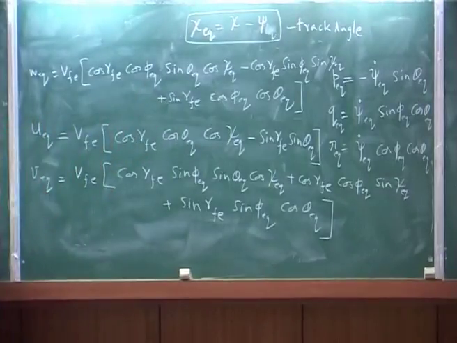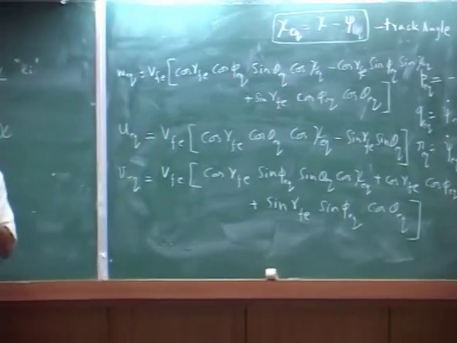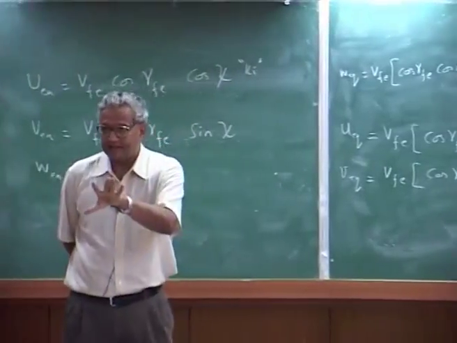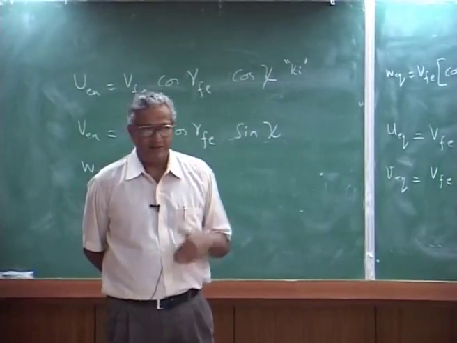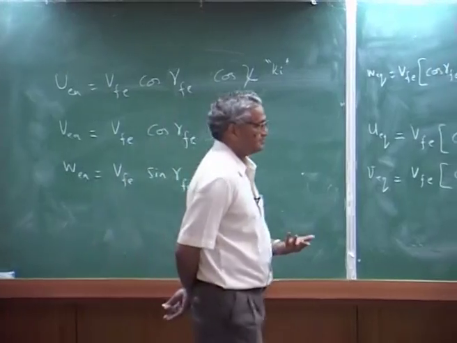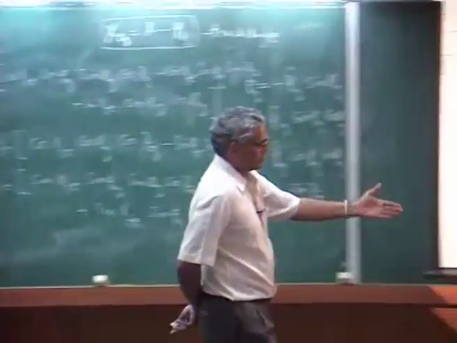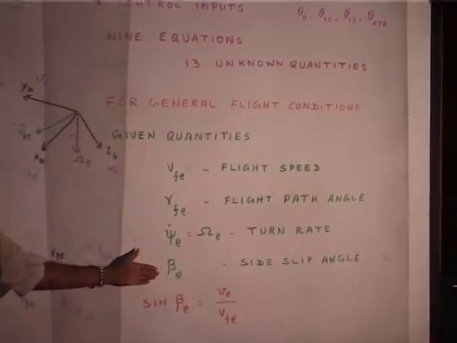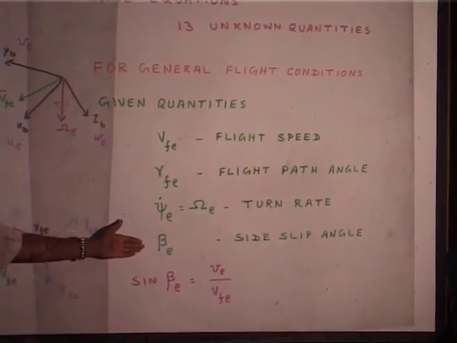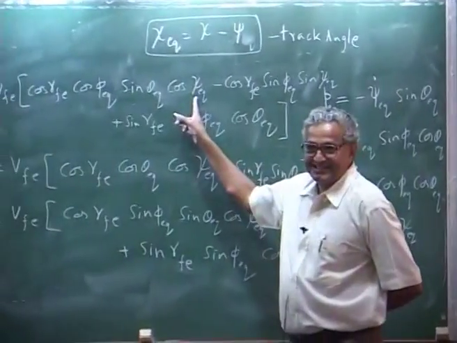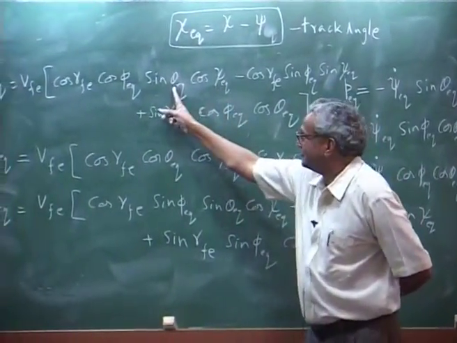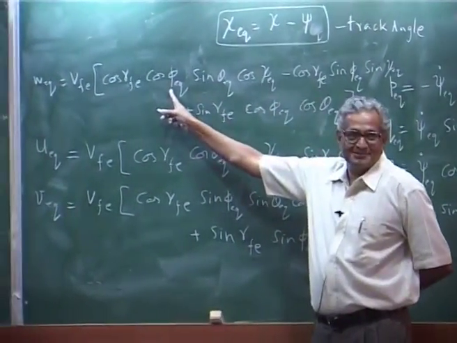These three equilibrium quantities I do not know. You follow what I am saying? That means, if I want to get the velocity along the body axis, given the quantities of these four, I still need to know three: chi equilibrium, theta equilibrium, phi equilibrium.